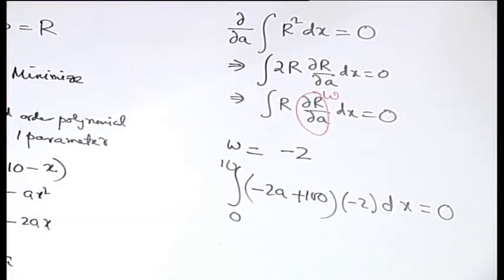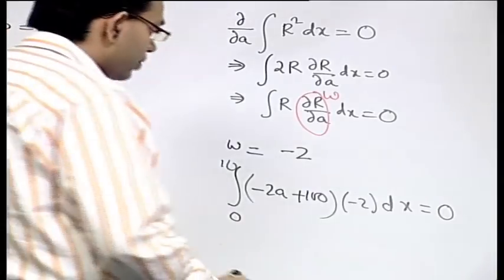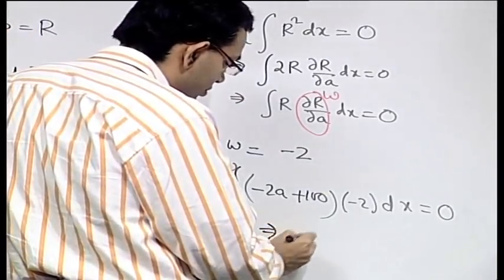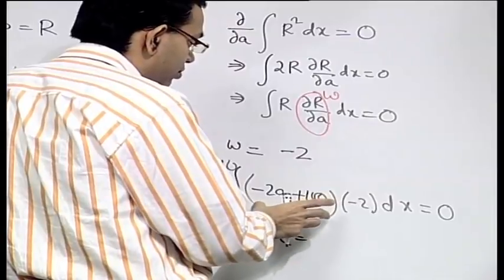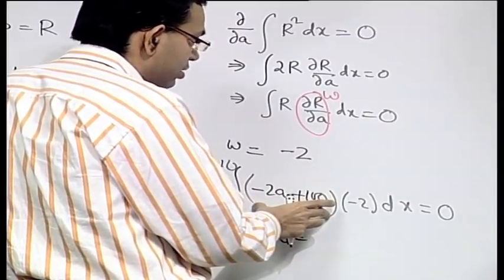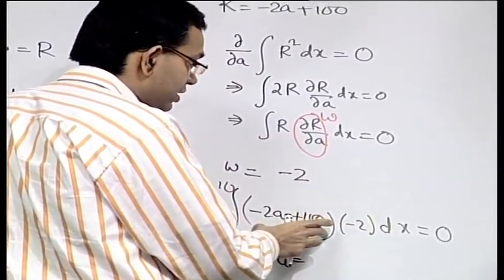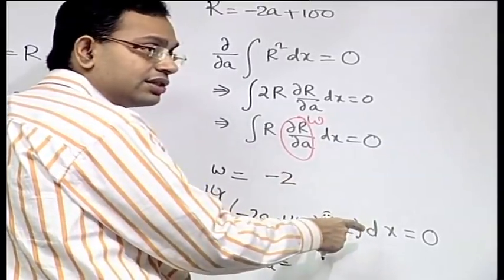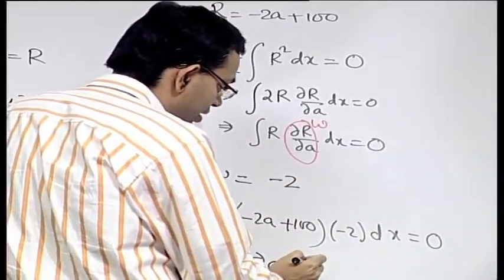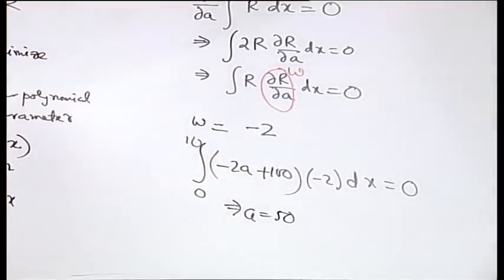That is the outcome of our formulation. The least square method, which we have seen, may be perceived as a special case of the weighted residual method. So, from here what is the value of a? Minus 2a plus 100 will be equal to 0, that is the coefficient, because the integrand itself is not 0. So, that means a is equal to 50. Thank you.